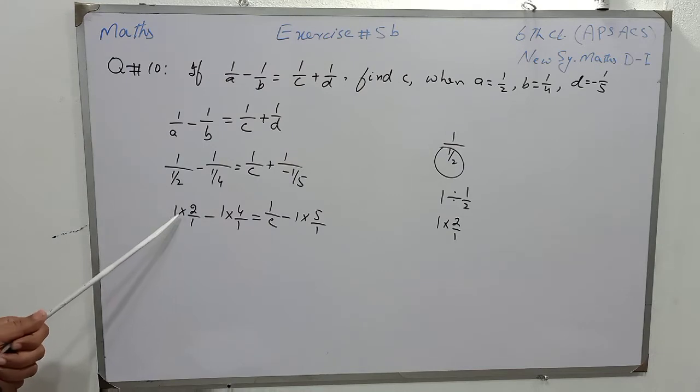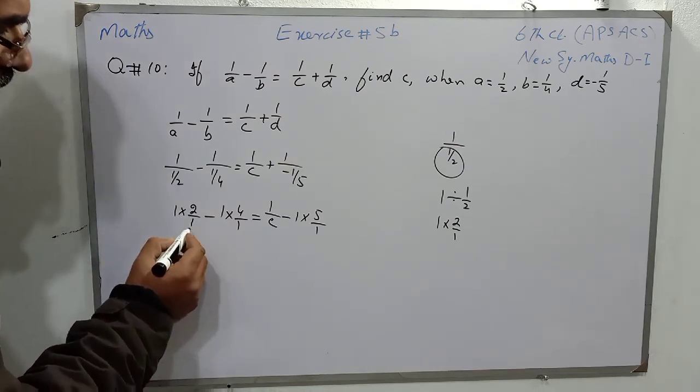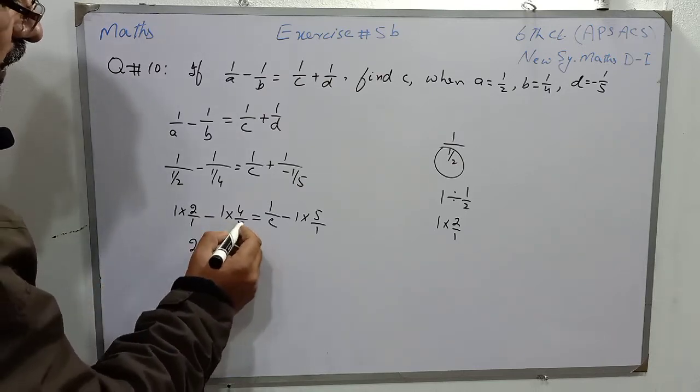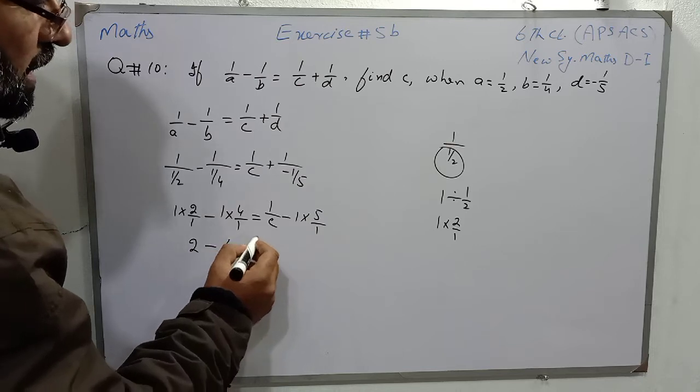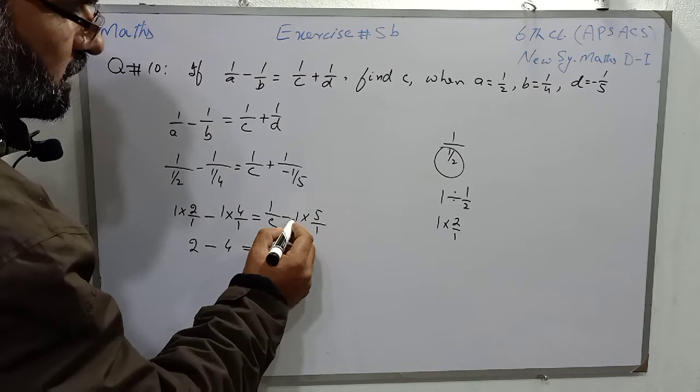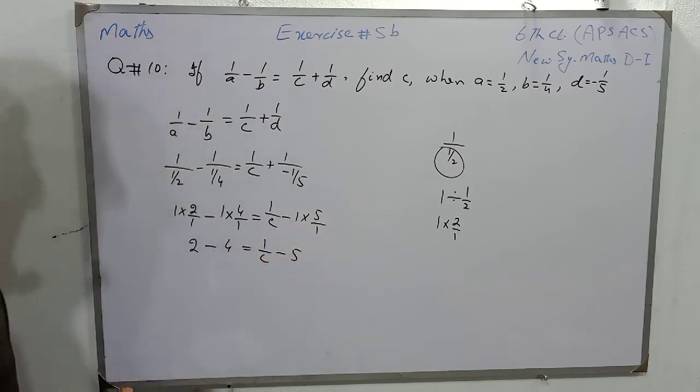Now students, when this 1 is multiplied by 2, we will get 2 over 1, and we need not write the denominator 1. Minus 1 fours are 4 is equal to 1 over C minus 1 fives are 5.